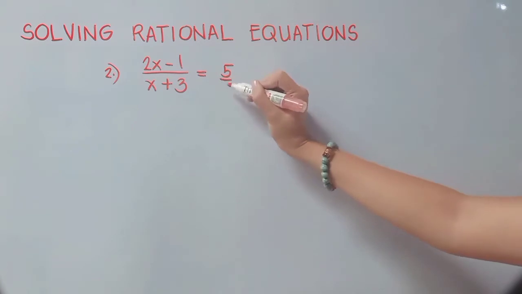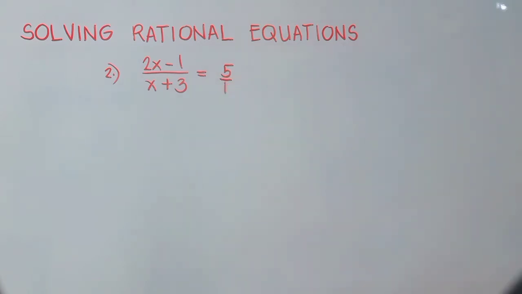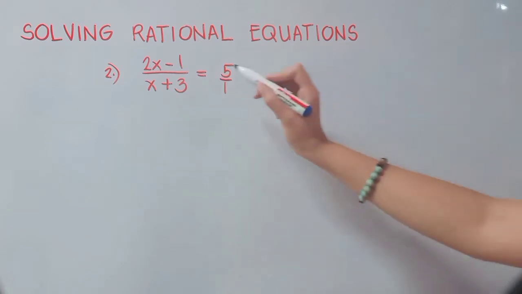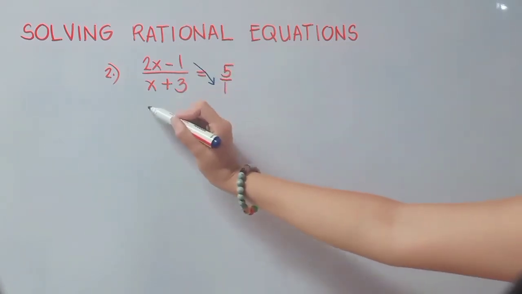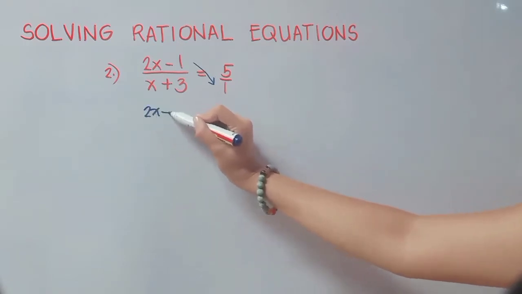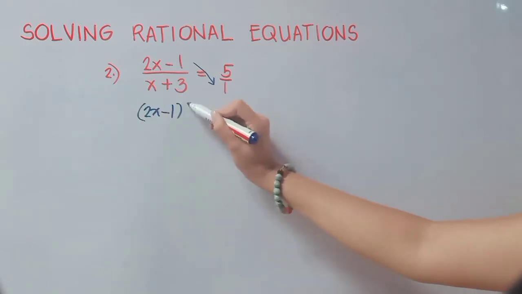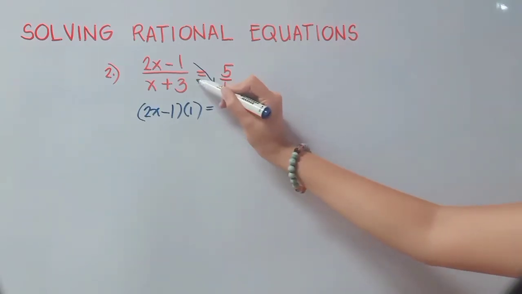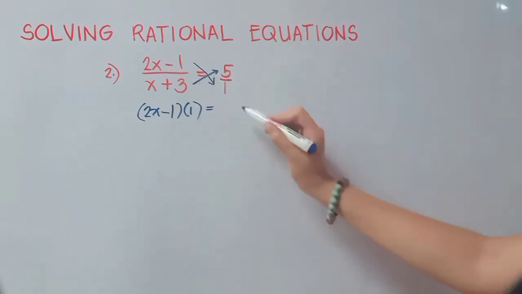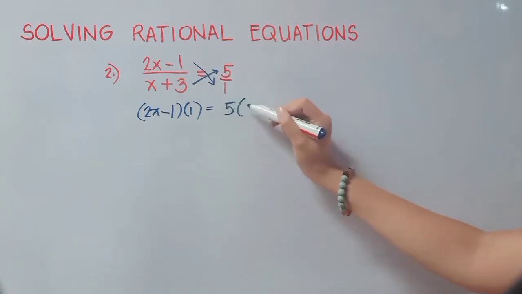So to cross multiply this one, let us place 1 as the denominator of 5. And let's begin. 2x minus 1 multiplied to 1. So let us copy that one first, is equal to x plus 3 multiplied to 5.